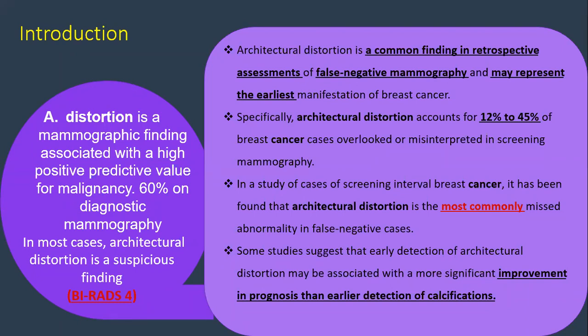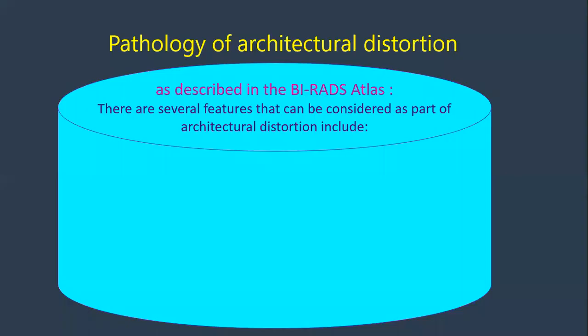Some studies mention 60%, and some up to 74.5% on diagnostic mammography. So in most cases, architectural distortion is a suspicious finding and should be coded as BI-RADS 4 at least.